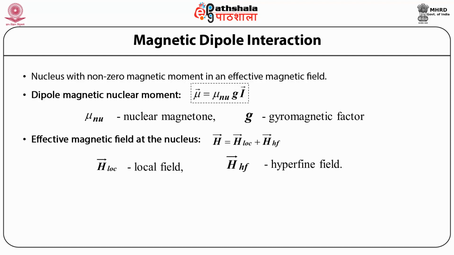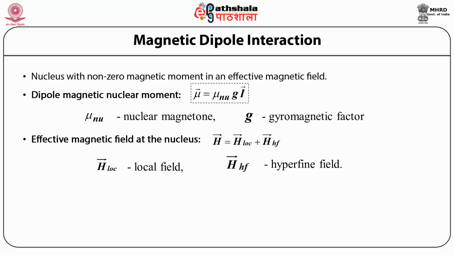Hyperfine field. This hyperfine field comes basically from what we sometimes call the super exchange interaction. Why super exchange? For example, in magnetite or in a magnetic oxide, where oxygen acts as a bridge between two transition elements. So super exchange through oxygen.